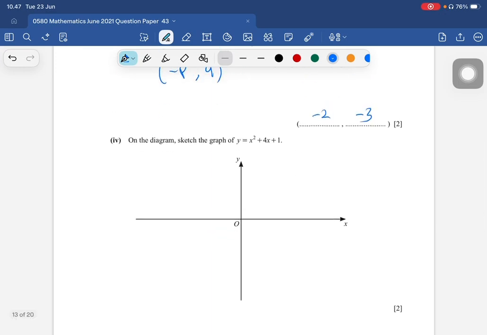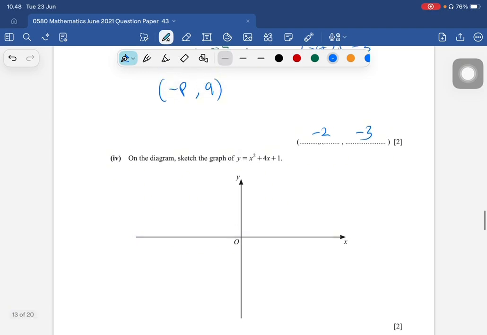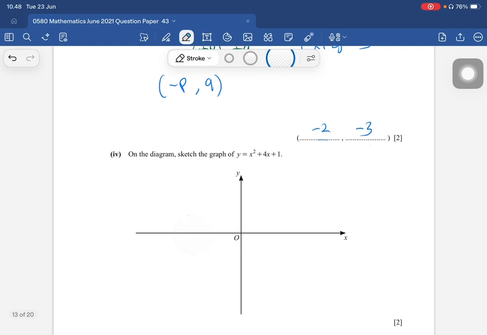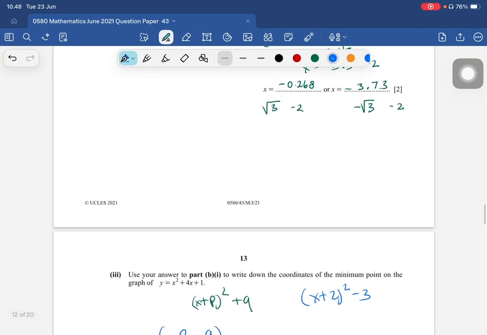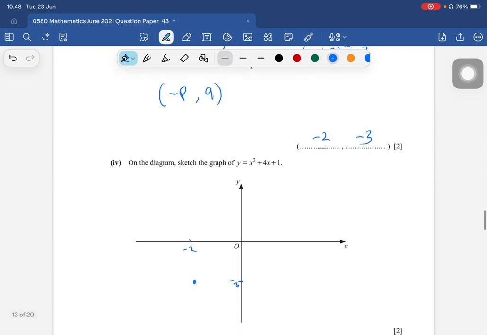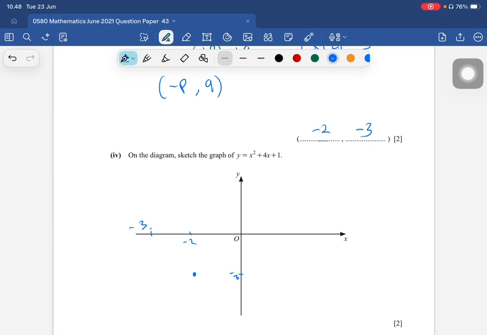Complete the sketch. First we have this point, negative 2 and negative 3. So here is negative 2, here is negative 3. Here is the minimum point. The values of x are negative 3.73 and negative 0.268.